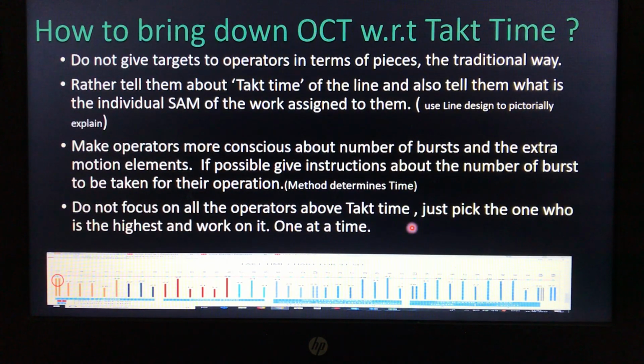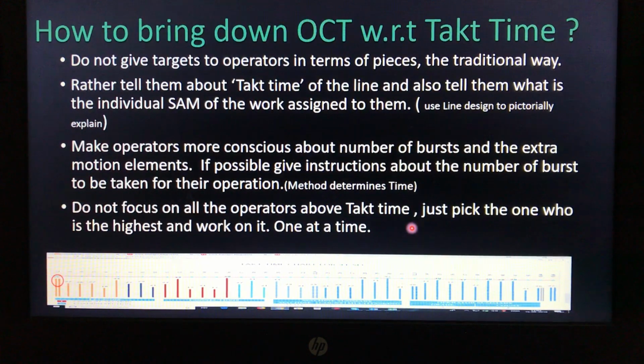You might have every operation above takt time, but always identify that particular operation which is above takt time. Just pick one at a time and bring down that operation below takt time.